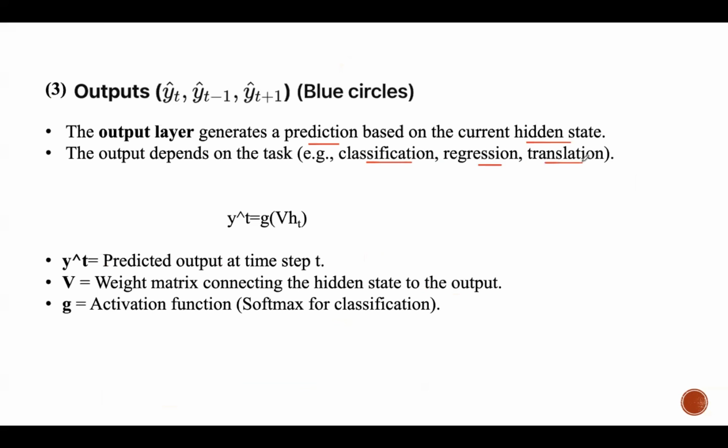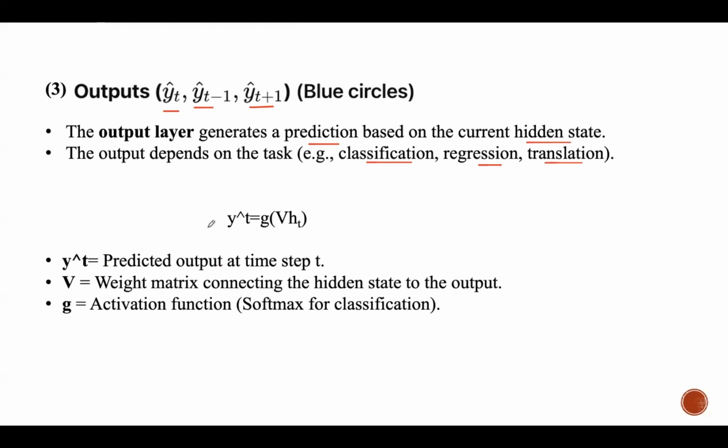Here, yt hat is the predicted output at time step t, whereas yt minus 1 hat is the predicted output at the previous time step, and yt plus 1 hat is the predicted output at the next time step, right?